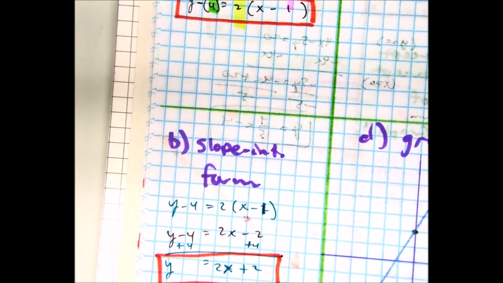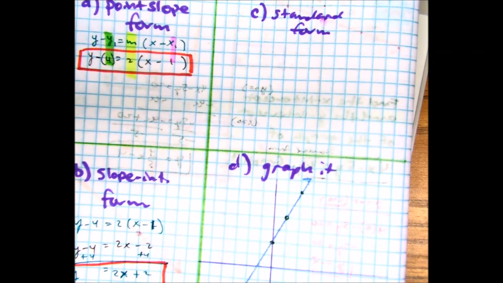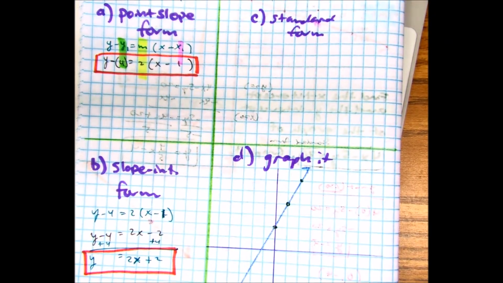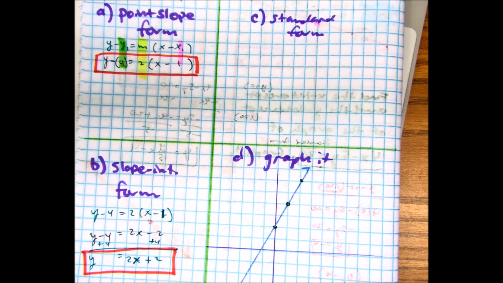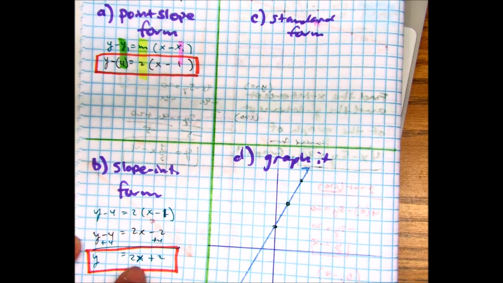Partner B, tell partner A how you think you would get the slope-intercept form into standard form. John, how do you think I can go from slope-intercept form to standard form?